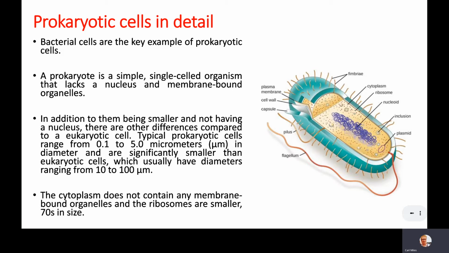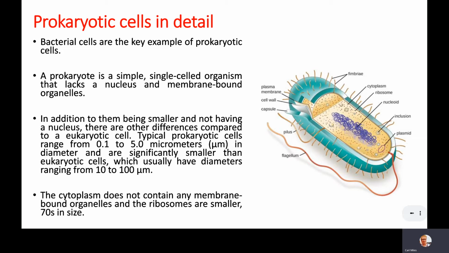They're much smaller by not having the nucleus, because the nucleus takes up a large proportion of the cell. Typical prokaryotic cells range from 0.1 to 5 micrometers in diameter, a lot smaller than eukaryotic cells, which normally go from about 10 to around 100 micrometers. So it's worth bearing that point in mind.